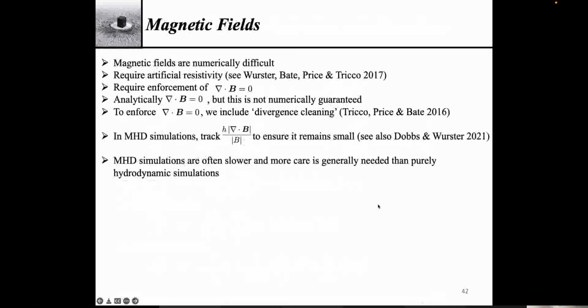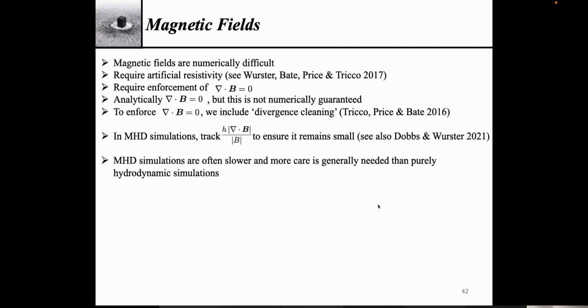Now, with magnetic fields, there are some inherent difficulties. So again, we require artificial resistivity, and I did a study back in 2017 comparing different types. I think we've reached a consensus on the optimal type of artificial resistivity to include. Now, the main catch with this is, as you know from Maxwell's equations, div B is 0.